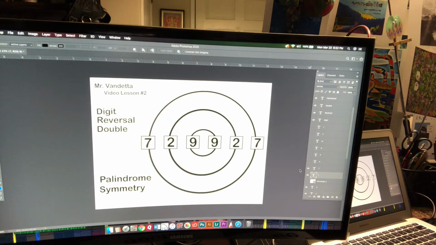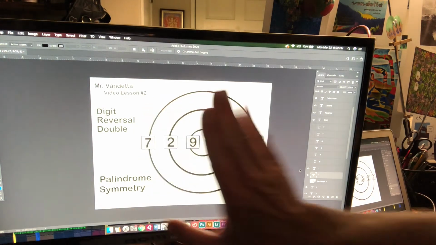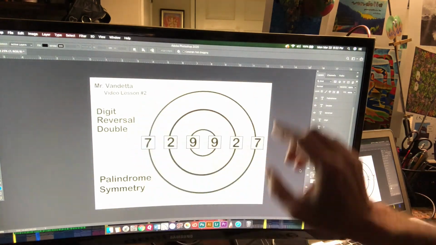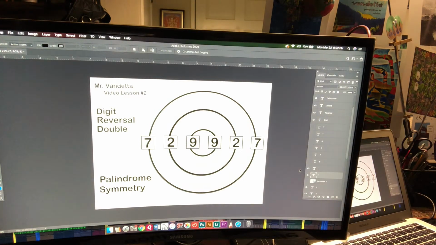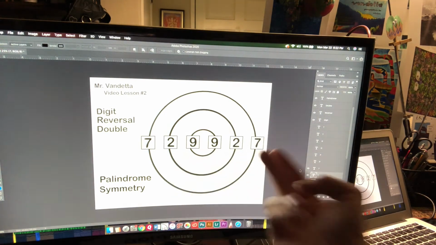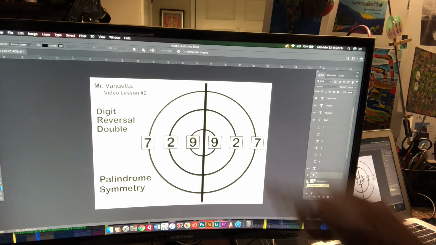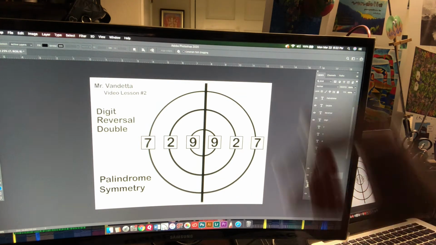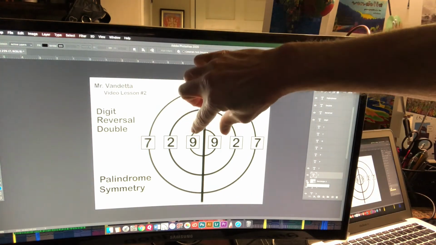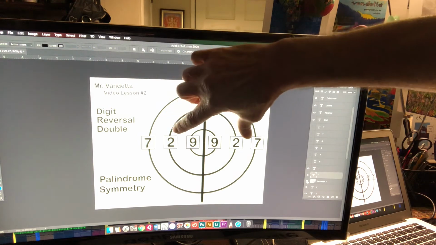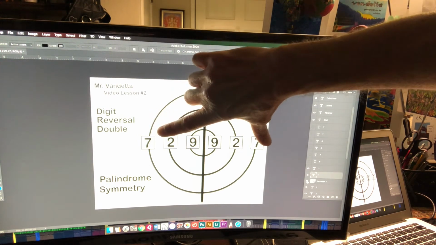Well, symmetry is when two sides of a design or a pattern match each other backwards, like a reversal. So I can take and put a line right there, and that's called my line of symmetry. And I can see that if I go out from the lines, I find the same numbers as I get farther out.